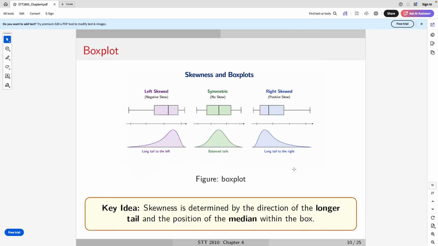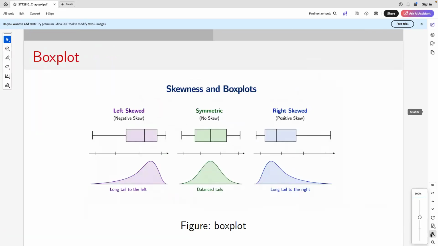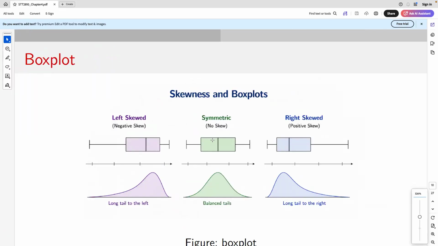Sometimes your histograms are not going to be vertical. They can be horizontal. It is the same idea too. So for symmetric, you see the median is in the middle. For right skewed, you see this side is longer than this. You can also see from the tail here, this side is also longer than that side.